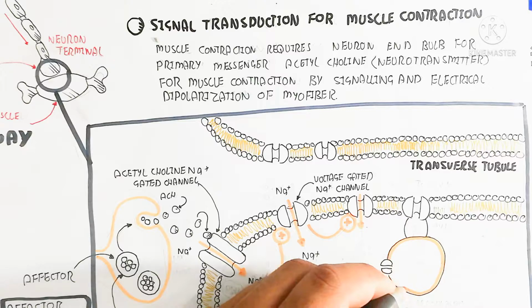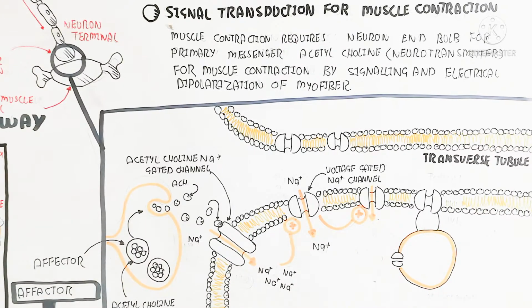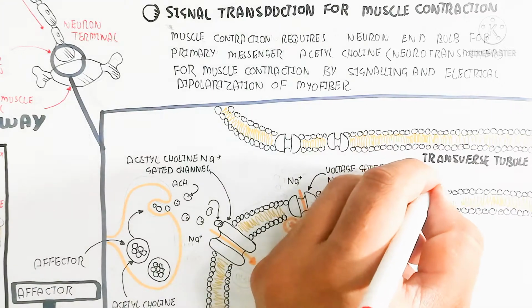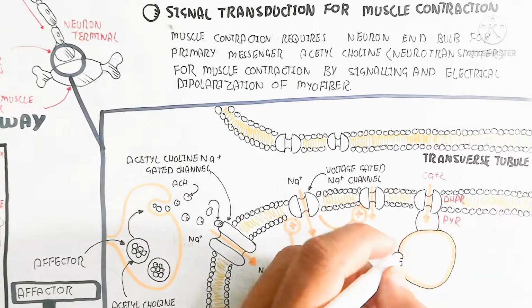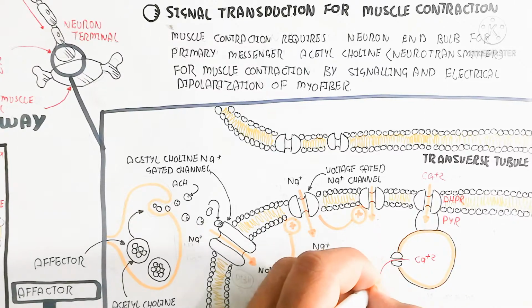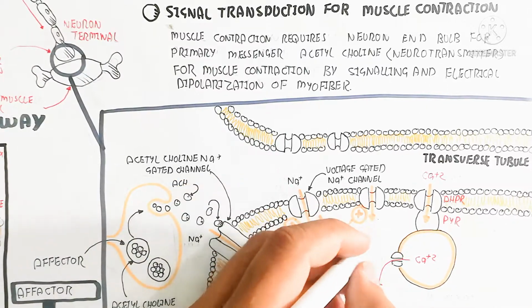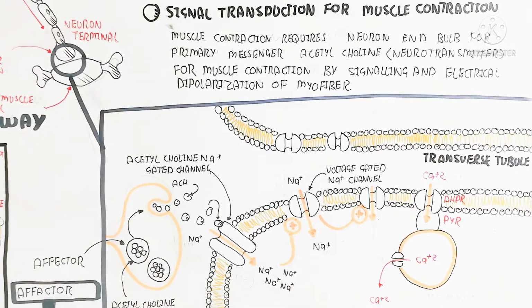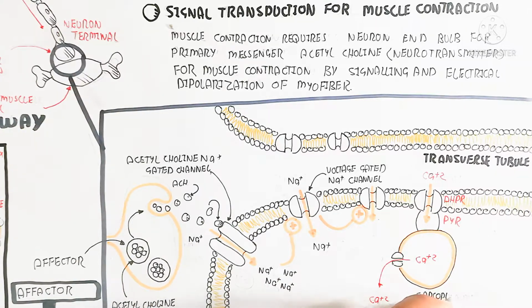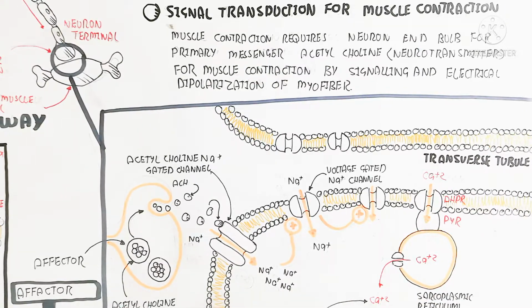After this, the RyR receptor protein will receive and bind with the sarcoplasmic reticulum, which occurs in the T tubule. In this way here you can see the calcium containing sarcoplasmic reticulum will be triggered to outflux calcium. The outflux of calcium from the sarcoplasmic reticulum will lead to an increase in cytoplasmic calcium.